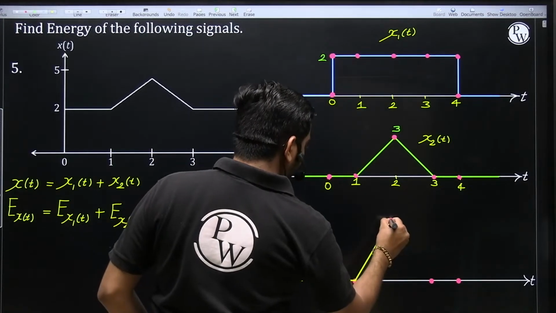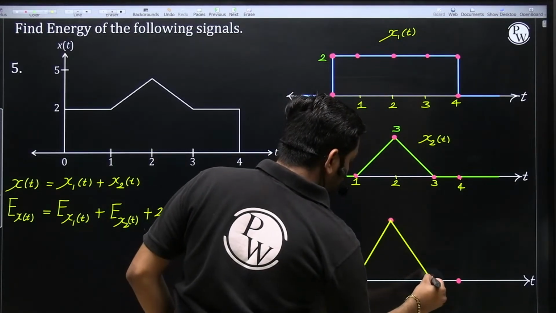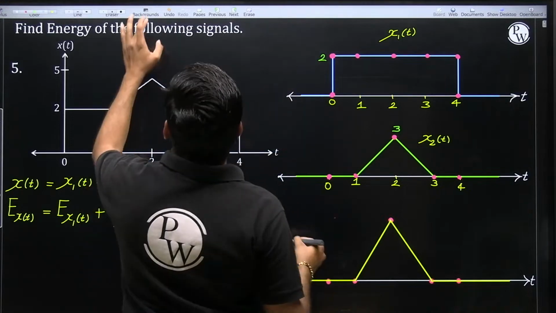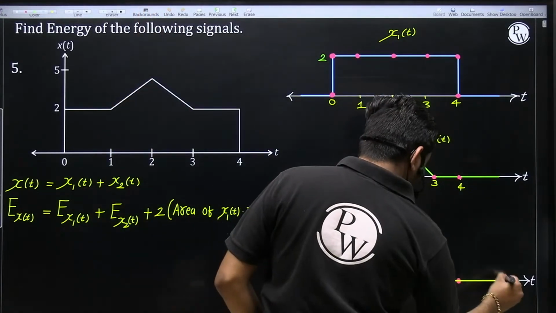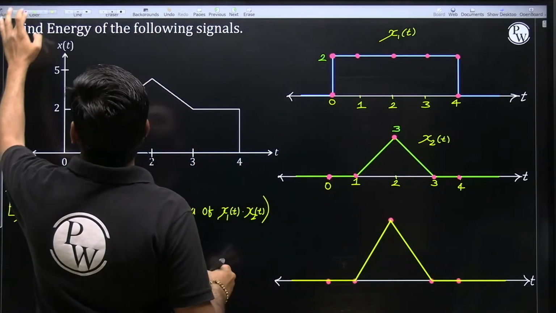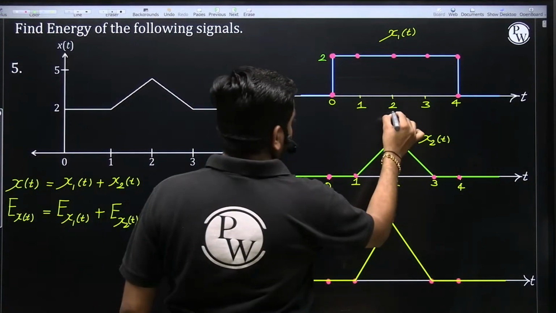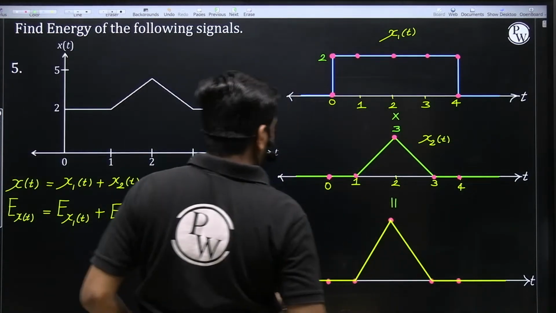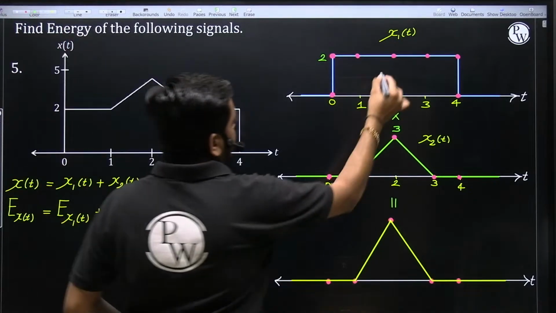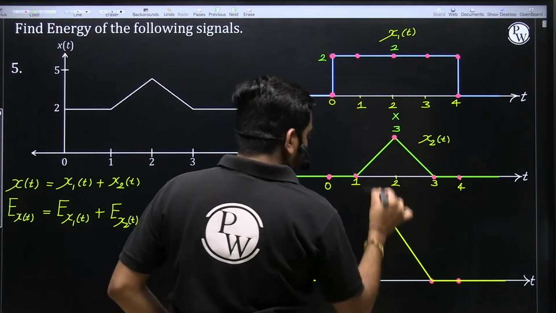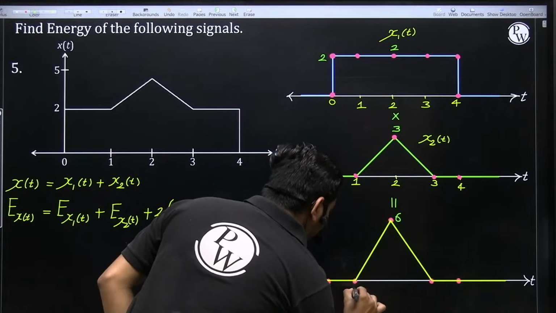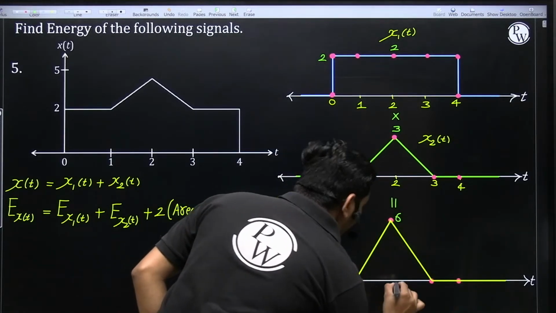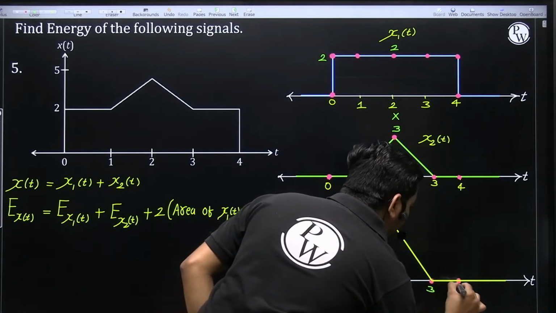You can see here, the multiplication of this signal is non-zero. So the third term will come into the picture. Here this amplitude is 2, 2 into 3, so this is 6, between 1 and 3, with points 0, 1, 2, 3 and 4.